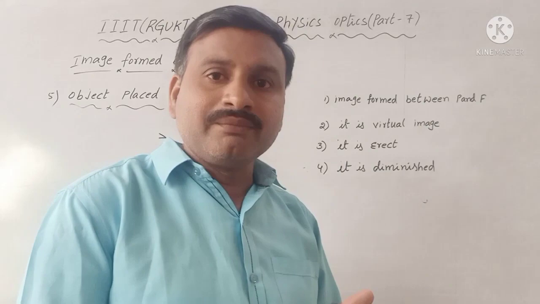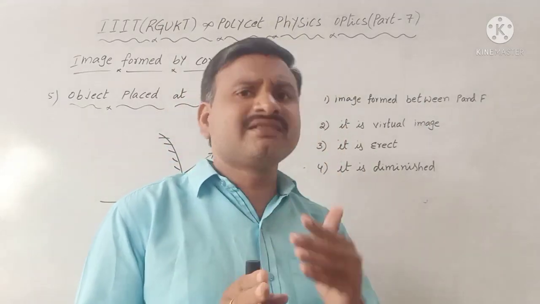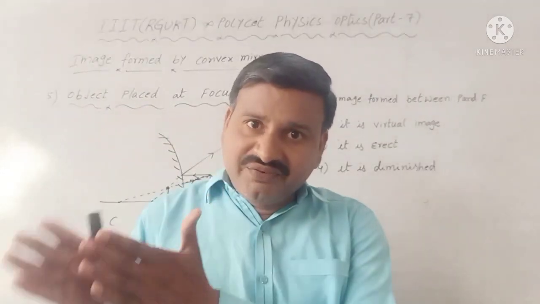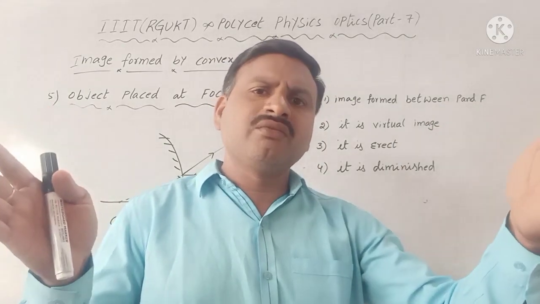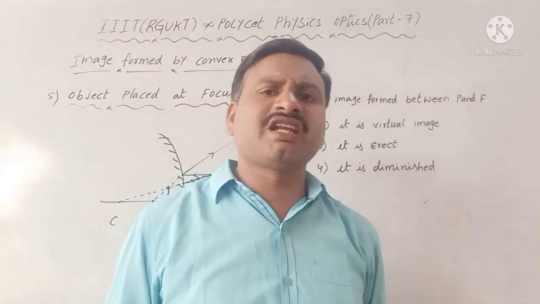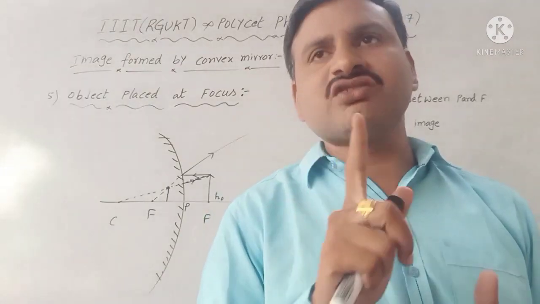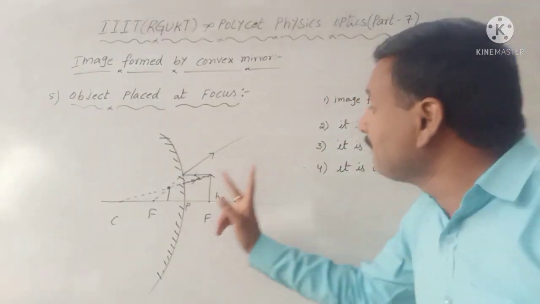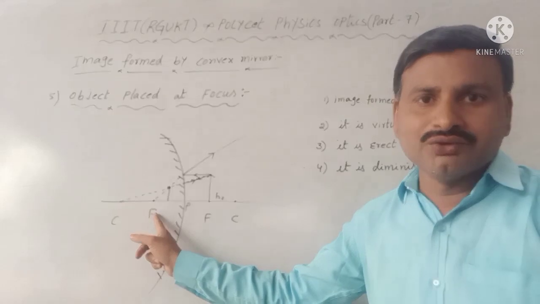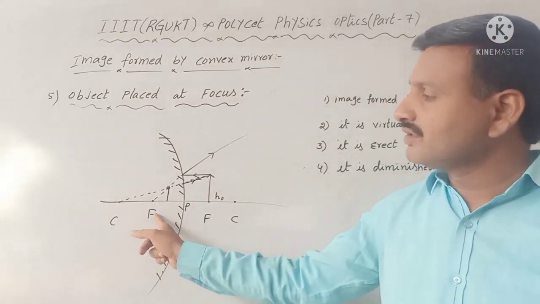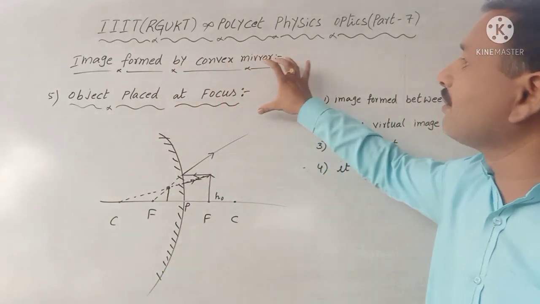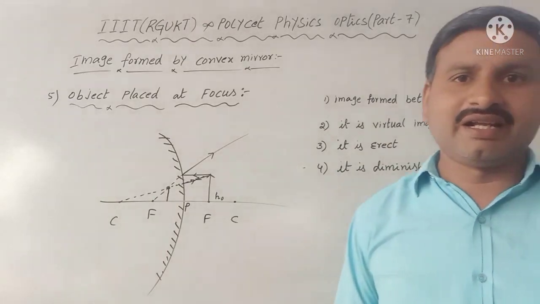Except infinity, infinity means at focus. Anywhere you put the object between infinity and focus, the image is always formed between P and F, vertex point to focus. Okay, so that is the image formed by a convex mirror.